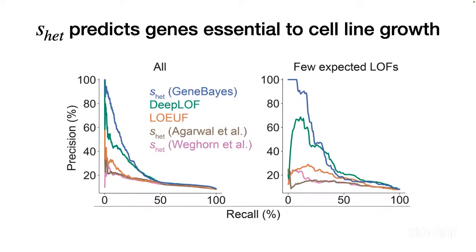We outperform a bunch of existing metrics, including the LOEUF metric I was talking about that's widely used. The benefit is increased for genes that are short. For short genes, there's not a lot of information in one gene, and our machine learning backend, which I'm not going to talk about, lets us pool information. So our biggest boost is for these short genes.